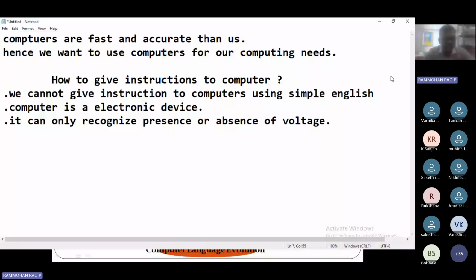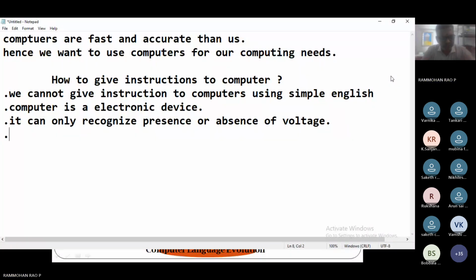Just like a fan: you turn on the switch, the fan starts running; if you turn off the switch, it stops. Computer is an electronic device, so it can only recognize two things: presence of voltage and absence of voltage.